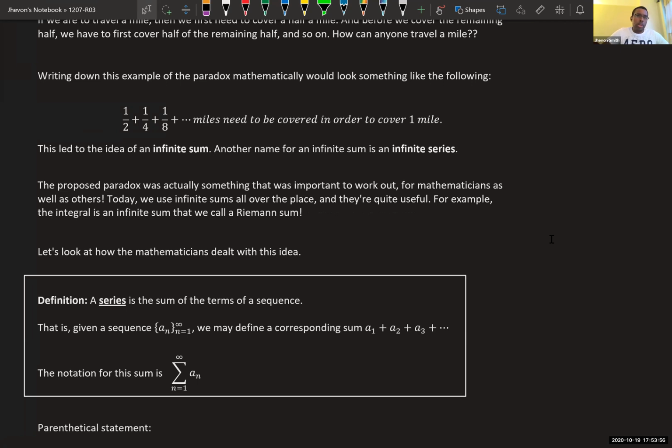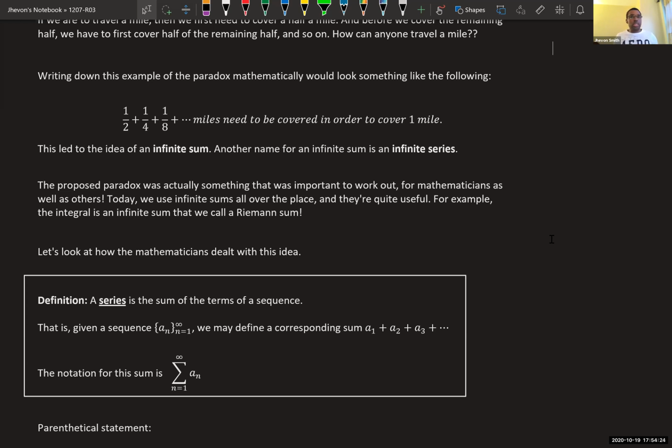Especially when we talk about an infinite sum, we call it an infinite series, or most people just say series. They leave off the infinite because 99.9999999% of the time, when someone says series, they're talking about an infinite series. No one's going to call a finite sum a series. If you're adding two numbers, I'm not going to say it's a series of two numbers. No one talks like that. But when you're adding up an infinite number of things, we call that a series.